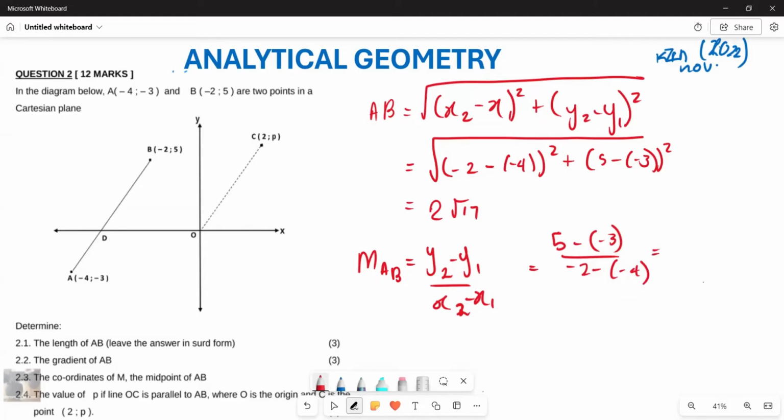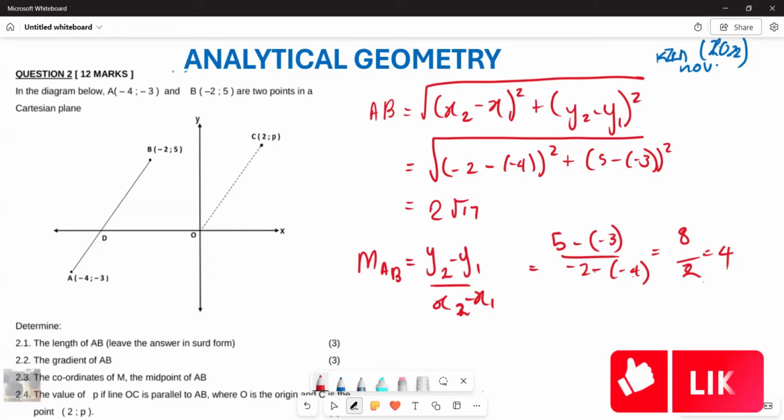What you have here is 8 over 2, because -2 plus 4 gives you 2, which means the answer is 4.